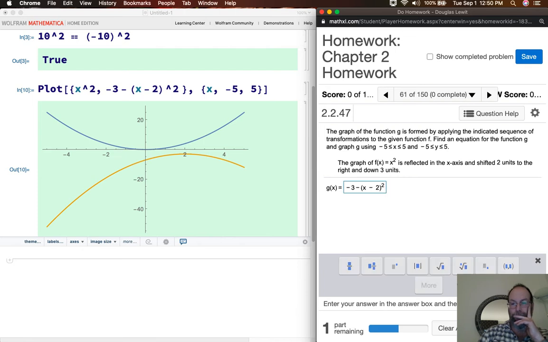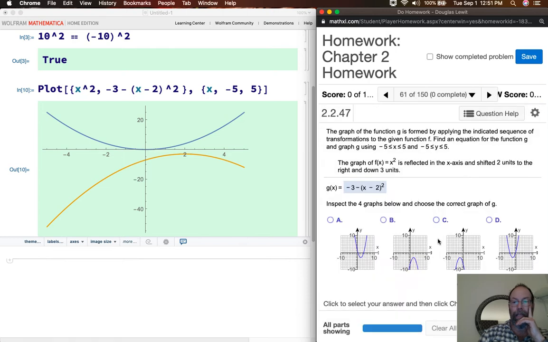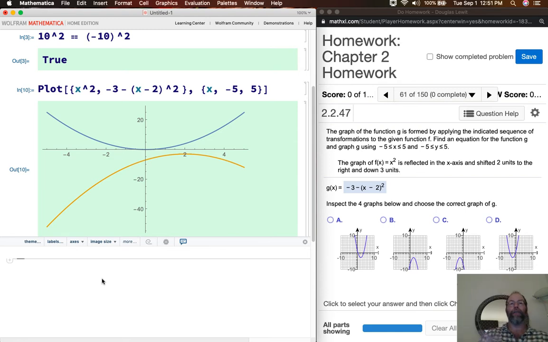Check answer. Okay, so that is correct. Now I have to choose which graph is the correct graph. So let's see if we can reproduce this in Mathematica.